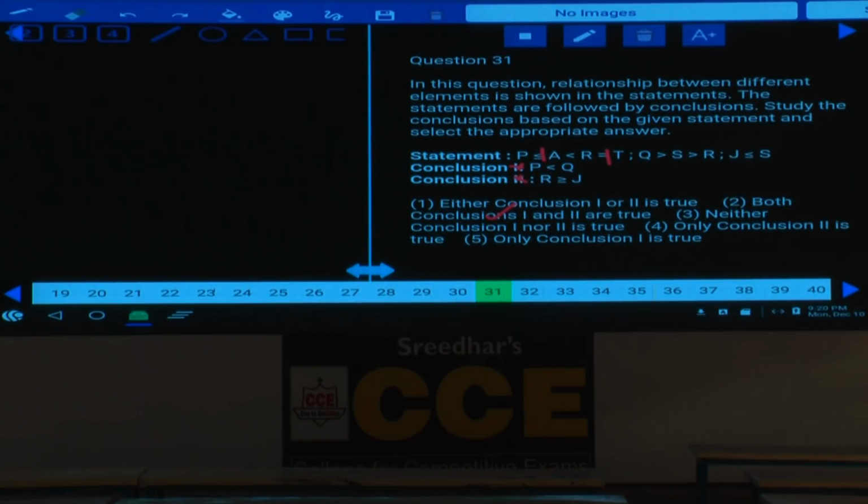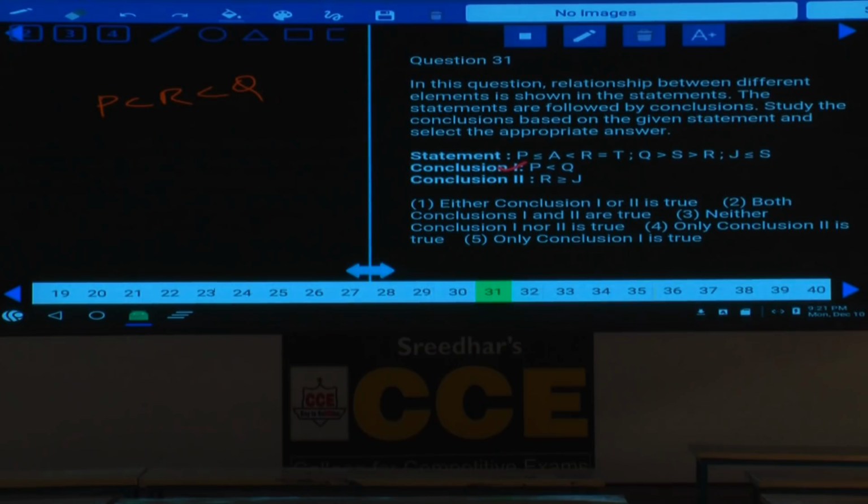Then the 31st, the relation between P and Q. P lesser than R, and Q greater than R means R lesser than Q. Between P and Q, P lesser than Q, definitely true. Then coming to the second one, R and J. Which element is common between these two?